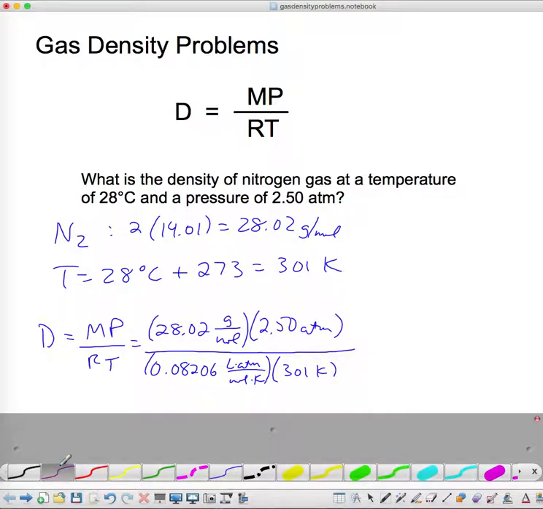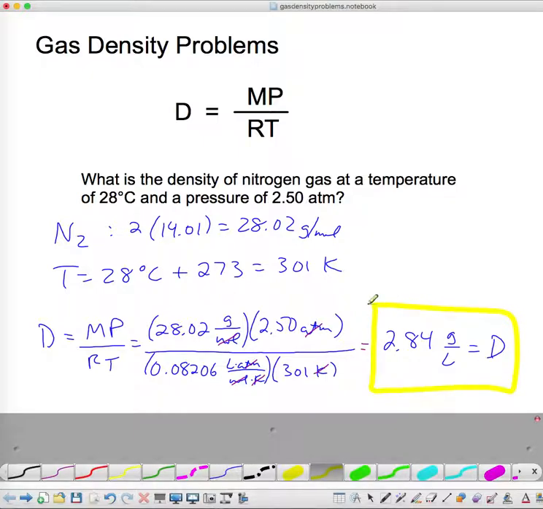Moles cancel moles. Atmospheres cancel atmospheres. Kelvin cancels Kelvin. And I'm left with units of grams per liter, which makes sense since I'm trying to find the density. And I get a value of 2.84 grams per liter as my density of nitrogen at this temperature and pressure.